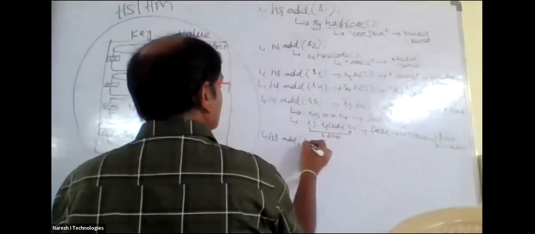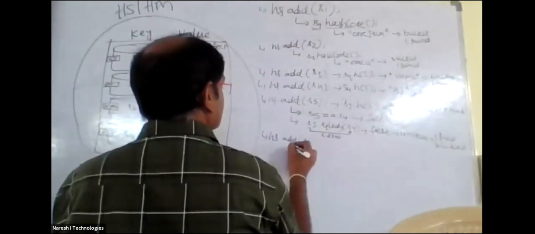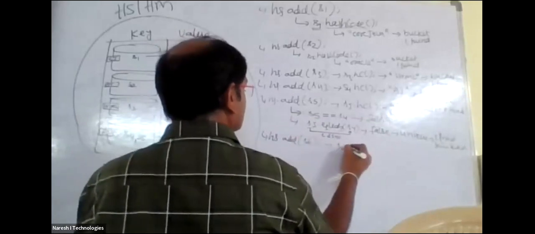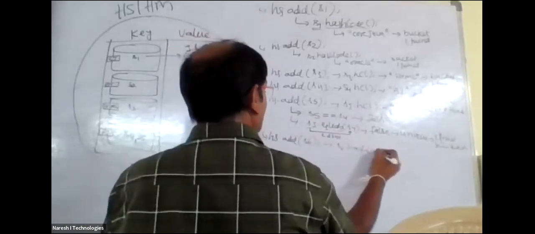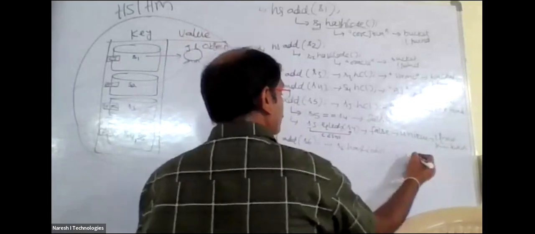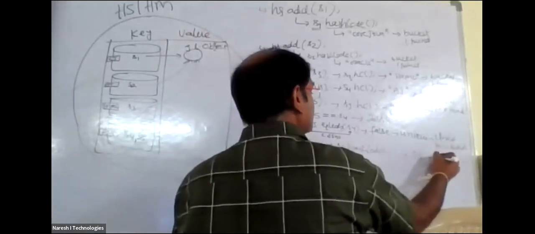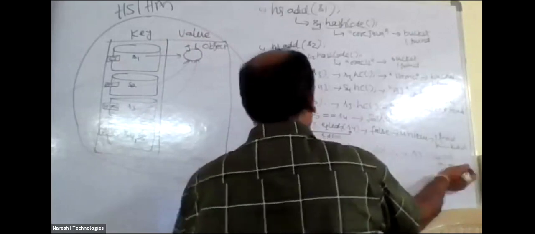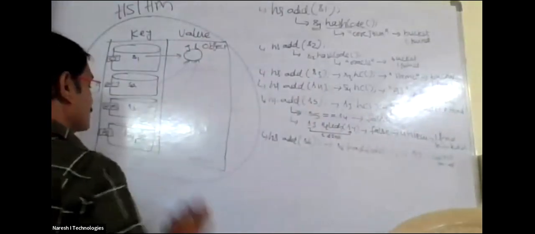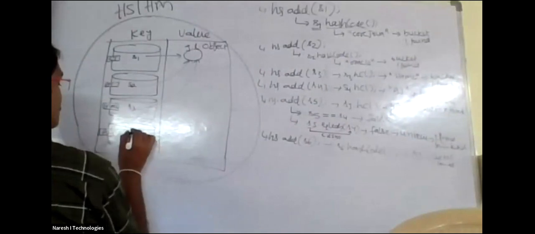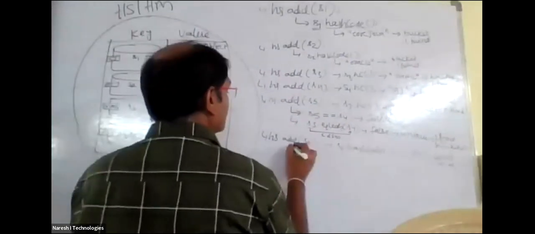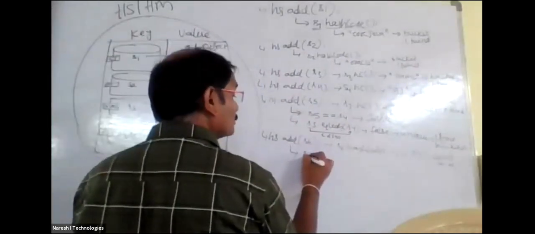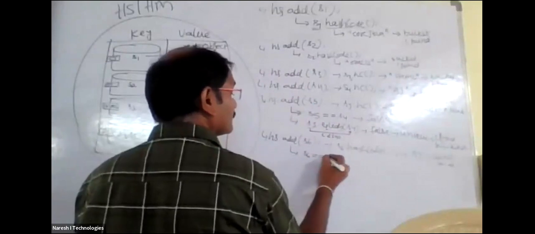HS.add of S6. S6.hashCode() is called. What is the hash code number? Advanced Java. Is the advanced Java bucket available? Yes, the bucket is found. If the bucket is found, is S6 directly stored? No, it is compared and a decision is taken. The add method now compares S6 with what?